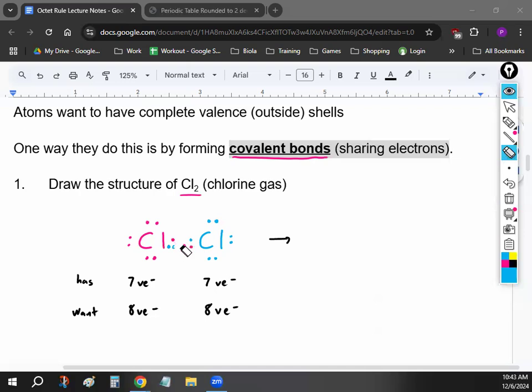Now, this is a little bit annoying to draw. So instead of drawing the electrons being shared, what we do is draw a line in between the 2 chlorines. If you want to label it, this line is called your covalent bond, and it represents 2 shared electrons.